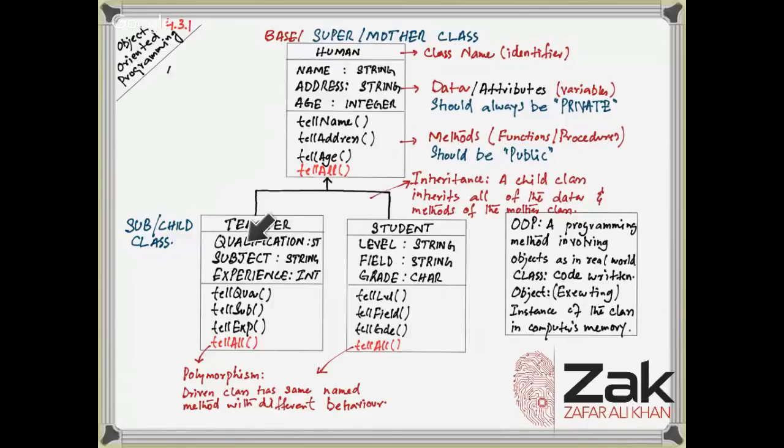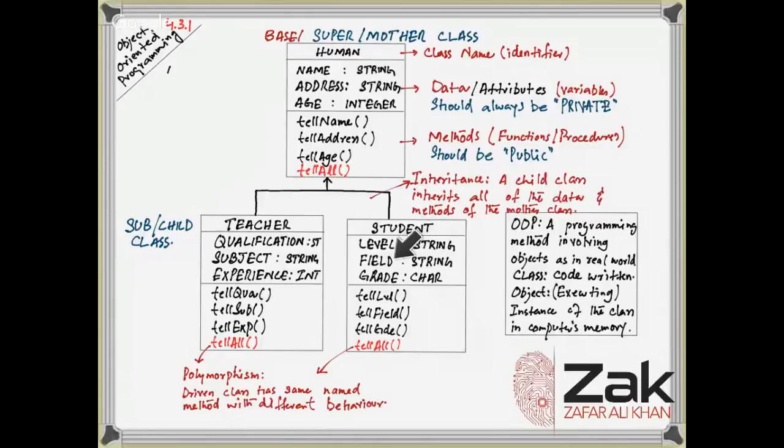This is called object oriented programming. A programming method involving objects as in the real world, like, let's say we are all objects, or we are all humans, we interact to get the job done. Similarly, so many teachers will be created from this class and together they will get the job done.